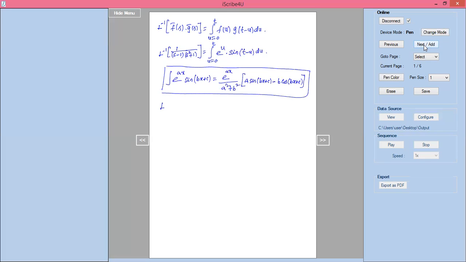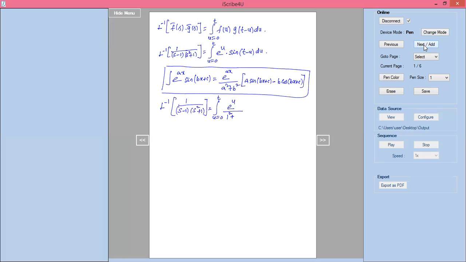Now L inverse of 1 divided by s minus 1 into s square plus 1 equals the integration of u equal to 0 to t of e power u divided by a square plus b square. A is 1, so 1 square. What is B here?